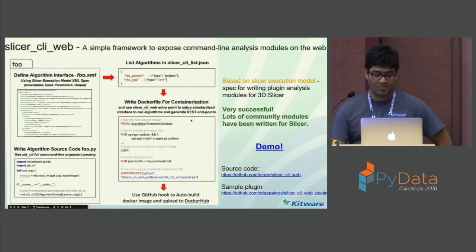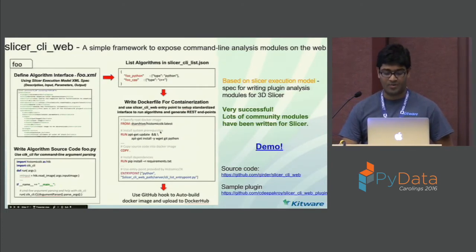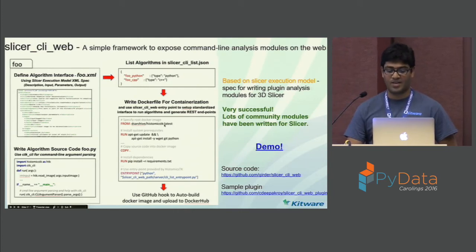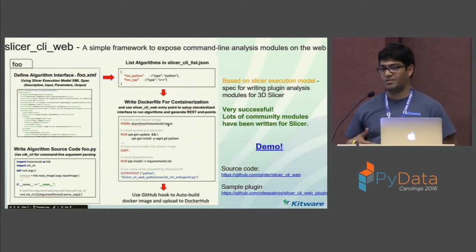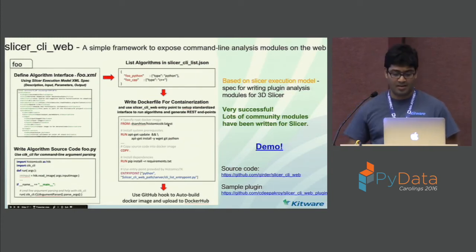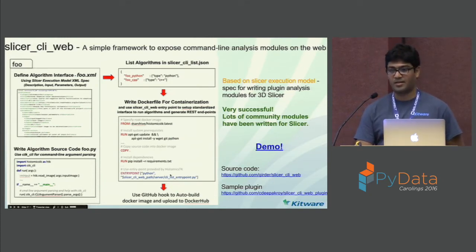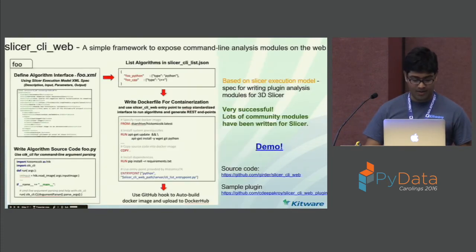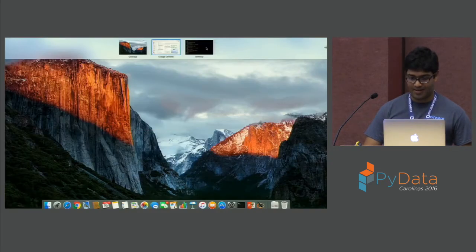And then you write this JSON file, and then you write a simple Dockerfile. You can derive from the HistomicsTK Docker image, which will install HistomicsTK and all the dependent libraries for you. And then you install any requirements of your analysis module, and then you call an entry point that we provide. And let me show you what that does on the command line again.